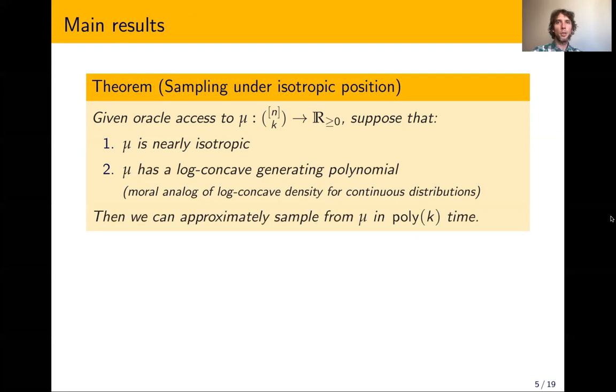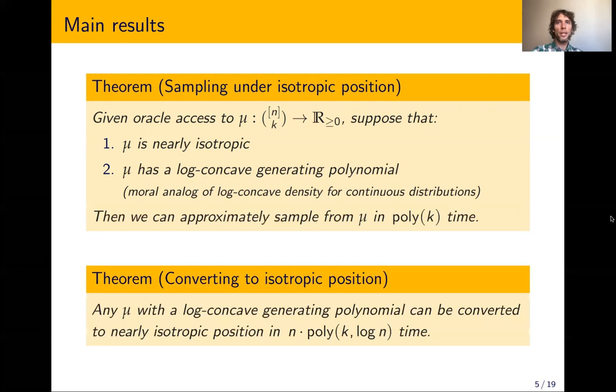Here, we absorb logarithmic dependence on the approximation error. Having a log-concave generating polynomial can be thought of as a discrete analog of the log concavity for continuous distributions, as it ensures that the distribution is sufficiently well-behaved for polynomial time sampling to be possible.